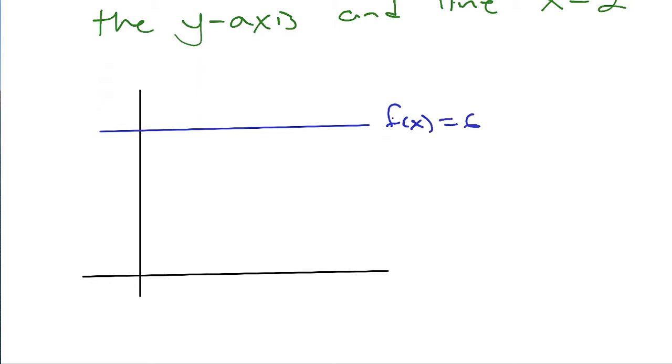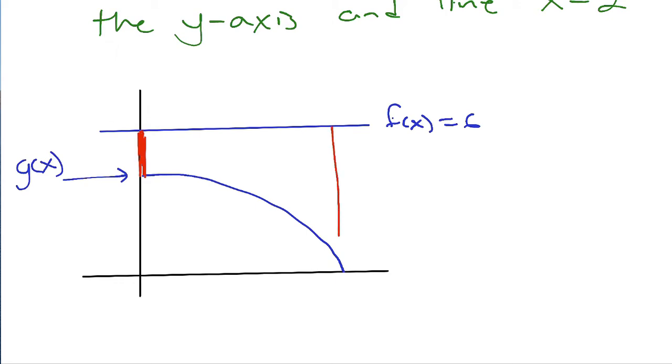And you have another curve that goes down like this, and that curve is g of x. And then you've got the region: the y-axis, which is right here, and the line x equals 2.